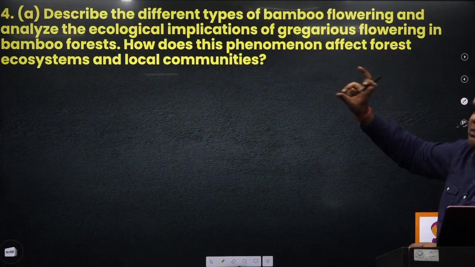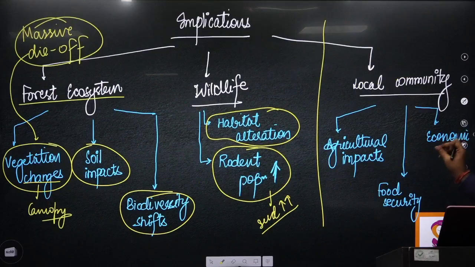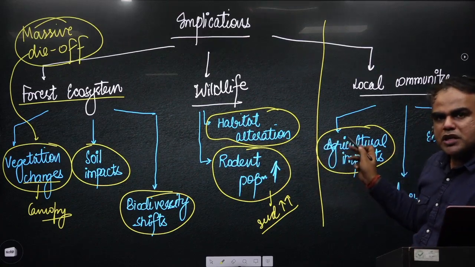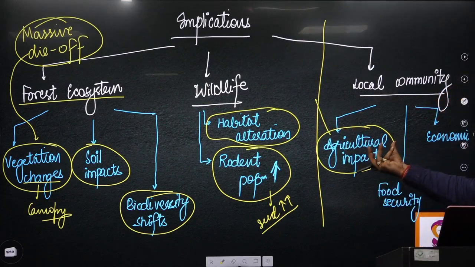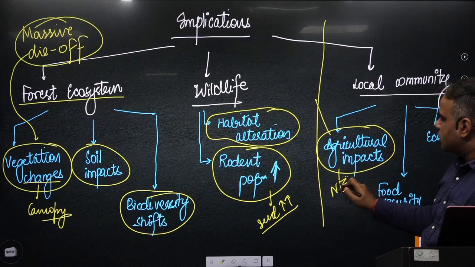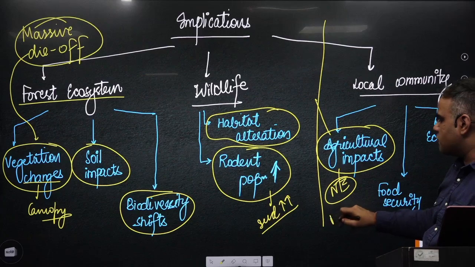You understand what the impact on local communities is. Here, the agriculture is going to be impacted. The rodent population is increasing, and rodents will attack the food crops, causing crop destruction. This has been seen in the northeast, the rodent plagues that have happened, especially in the case of Mizoram.